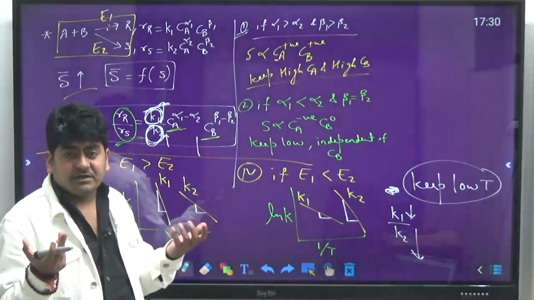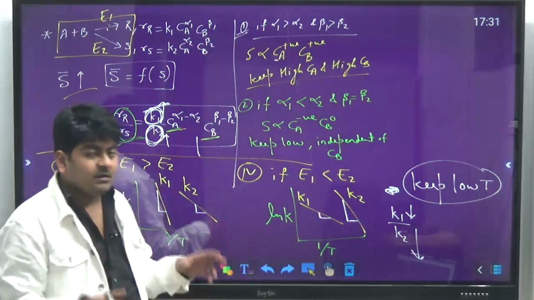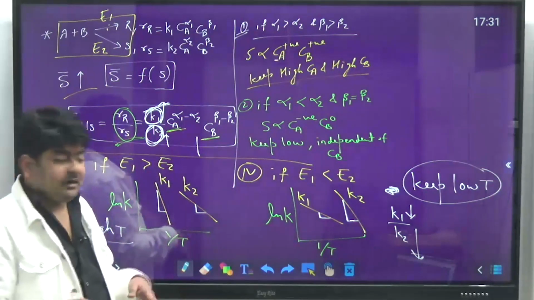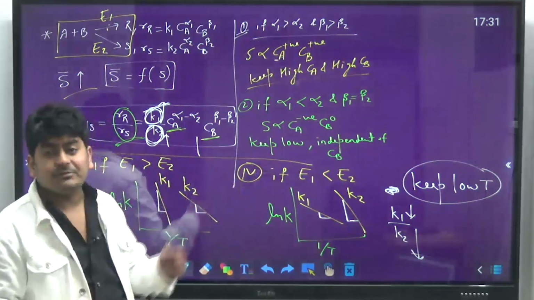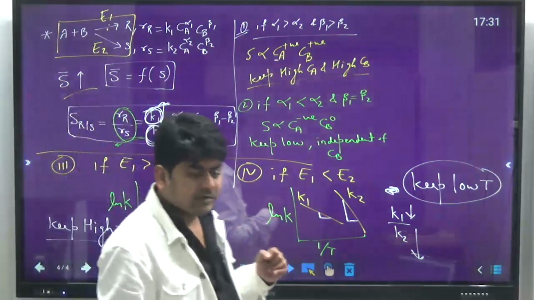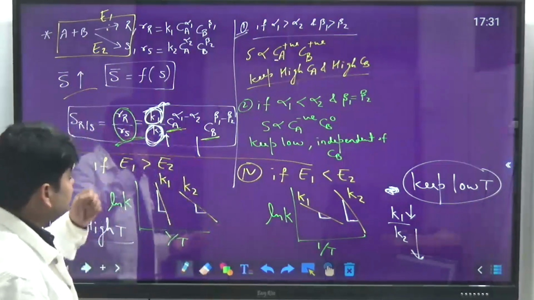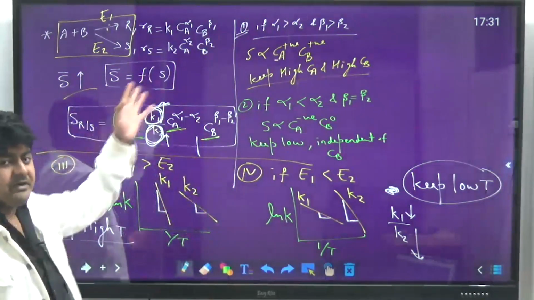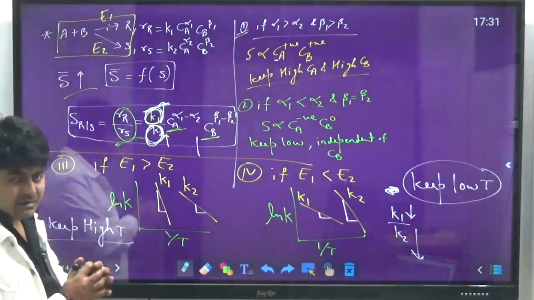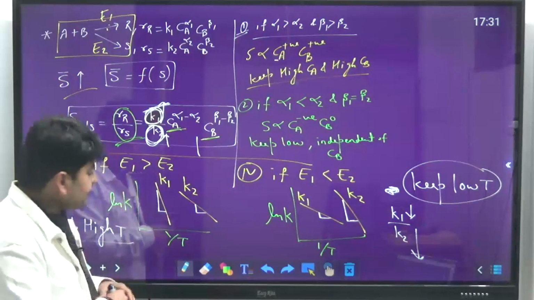So if the activation energy of the desired product is high, I will keep more temperature. If the activation energy of the undesired product is high, I will keep less temperature. Simple. That is the effect of temperature on selectivity, and thus overall selectivity and the amount of desired and undesired product. I hope it is clear to all of you.